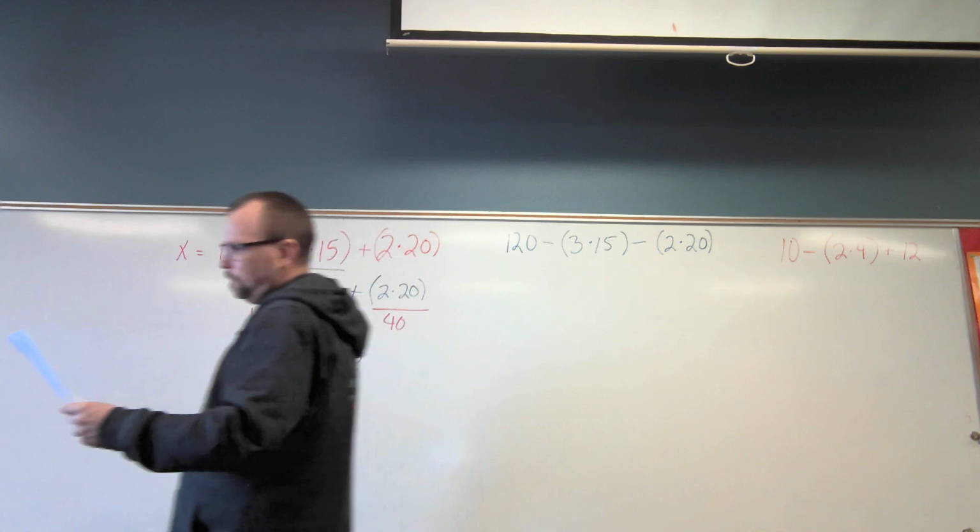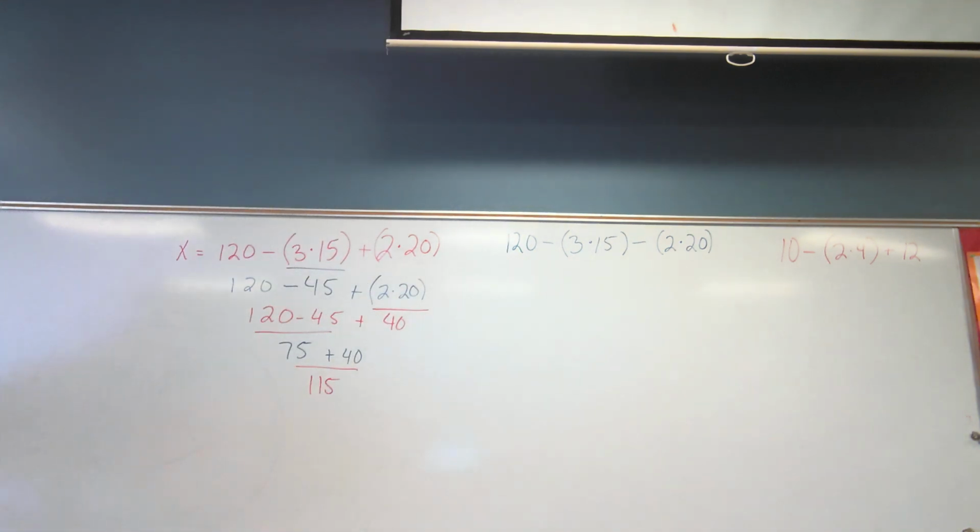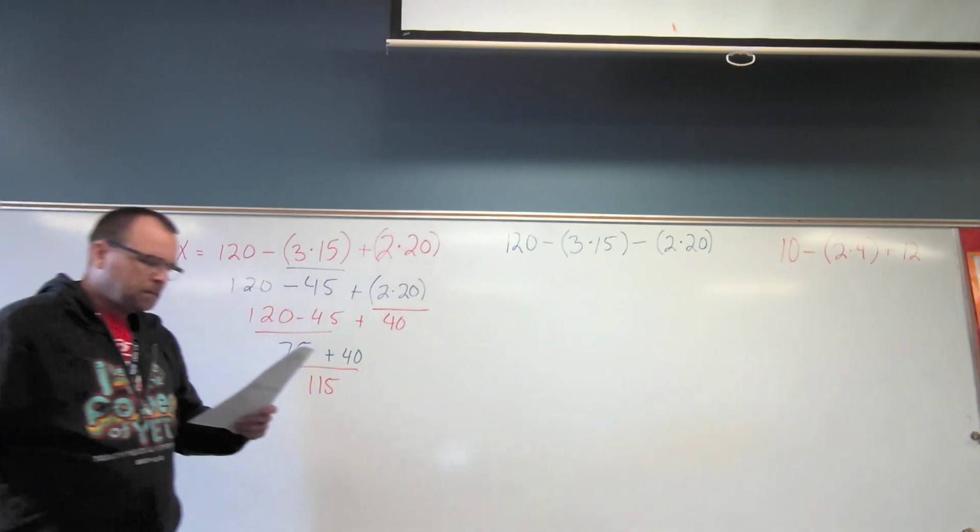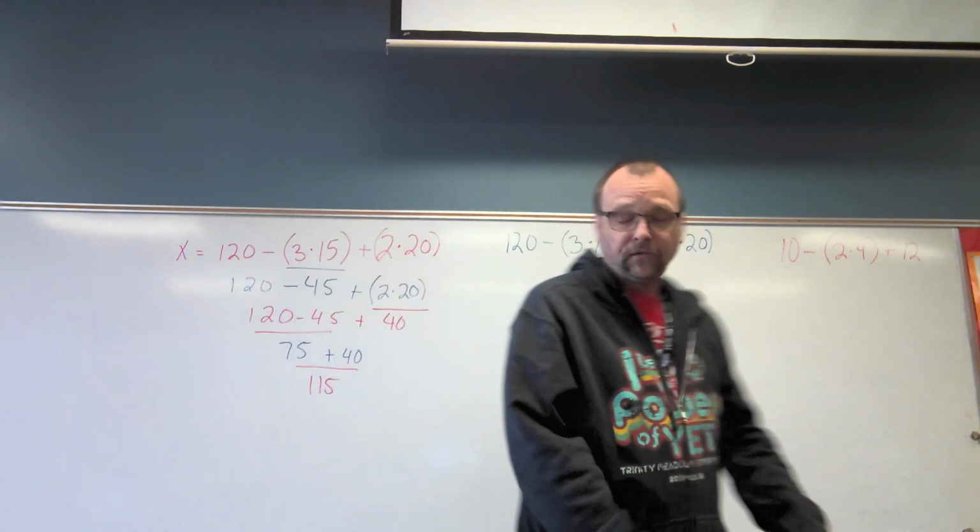On Saturday, they bought 120 lemons to make lemonade. Christina used 15 lemons each hour for 3 hours, and Clarissa used 20 lemons each hour for 2 hours. Which equation can be used to find x, the number of lemons they have left?